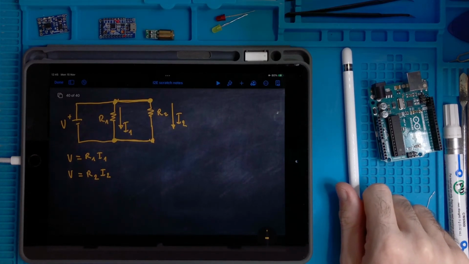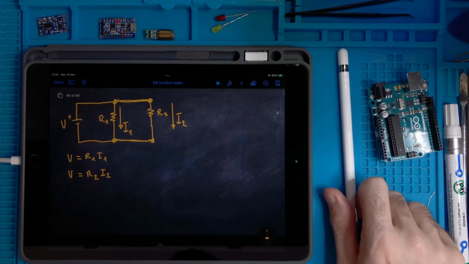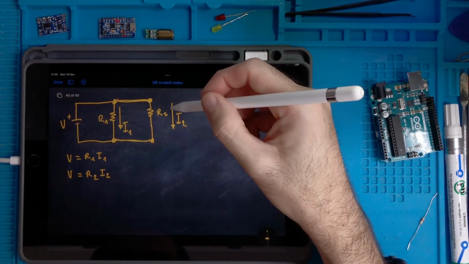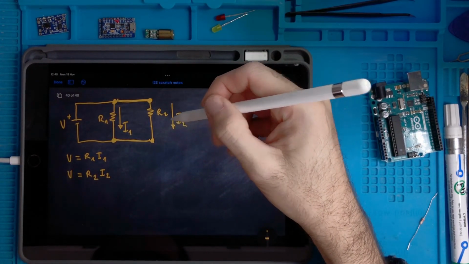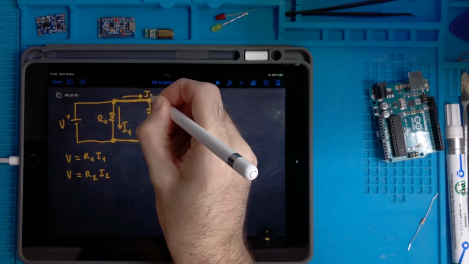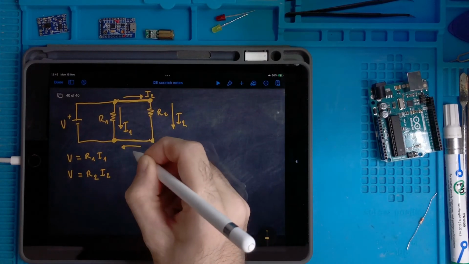Okay, and then I2 is the current flowing in the resistor R2, which is the current flowing here and also flowing here.